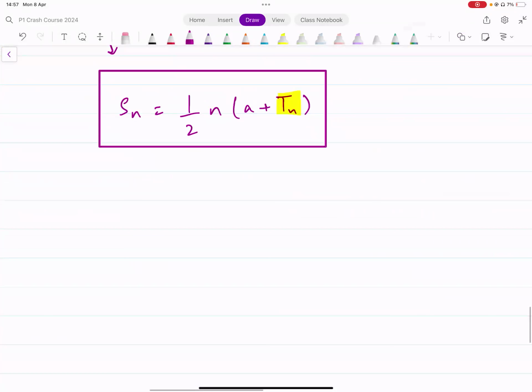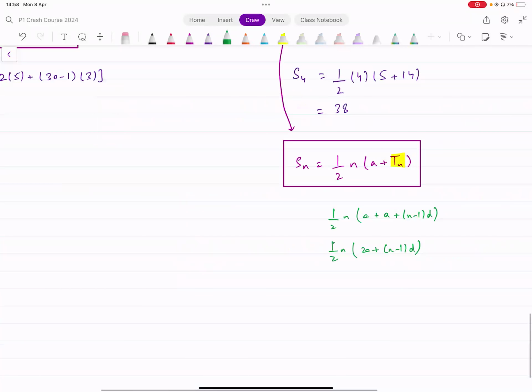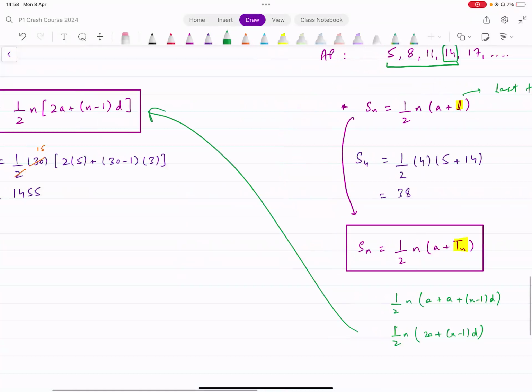How? Because what's Tn? Tn is a plus n minus 1 times d. So you could try that, half n into a plus Tn, where Tn is a plus n minus 1 times d. And that gives you half n into 2a plus n minus 1 times d. And that's exactly what we've got here as well. Right? So these are essentially the same formulas, just two different ways of writing this. Okay?